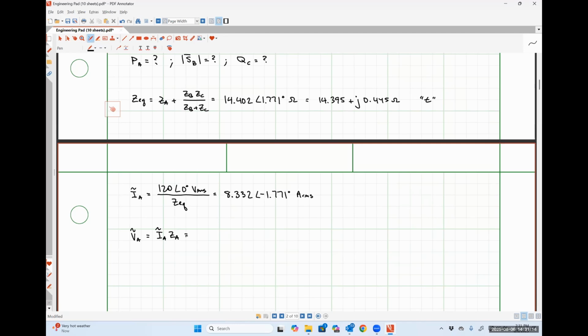So let's see. I got 86.989 with an angle of 14.928 degrees volts RMS.